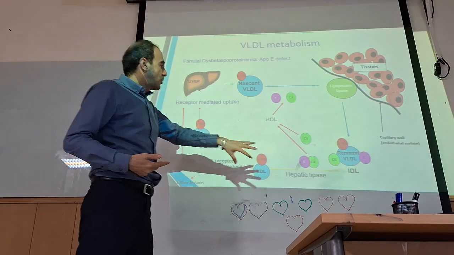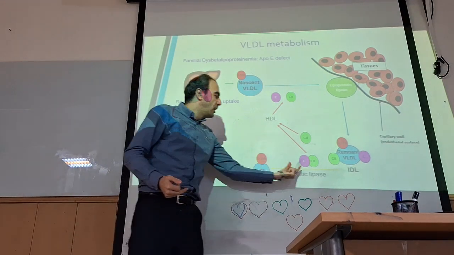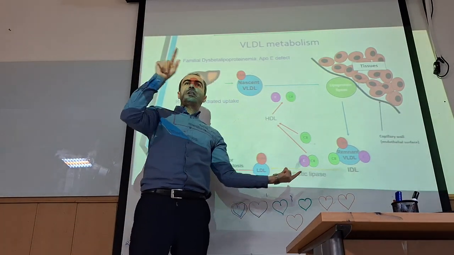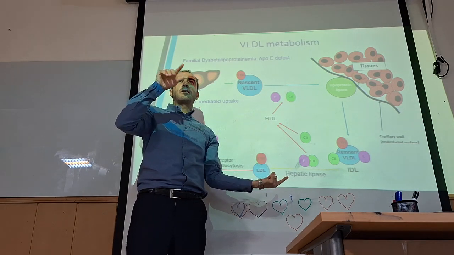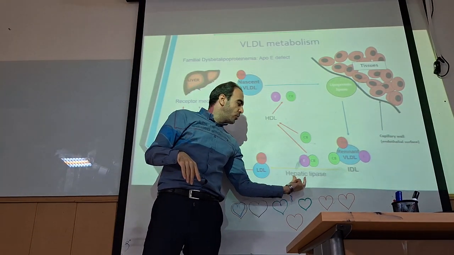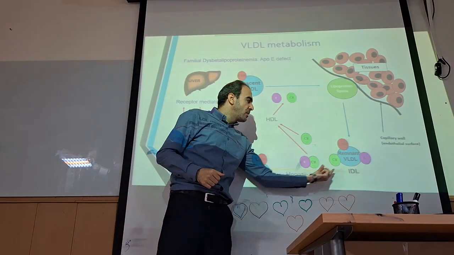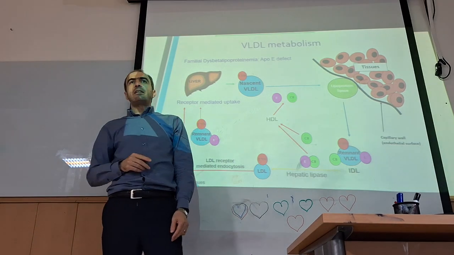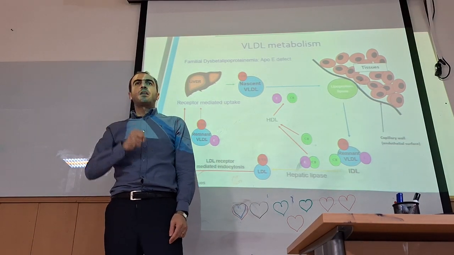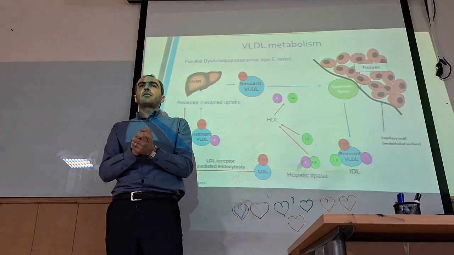Here it is not shown very well, but in the next slide I will repeat that. On the outer surface of hepatic cells, we have an enzyme known as hepatic lipase. Hepatic lipase digests IDL, receives some triglyceride, and the amount of cholesterol is increased.